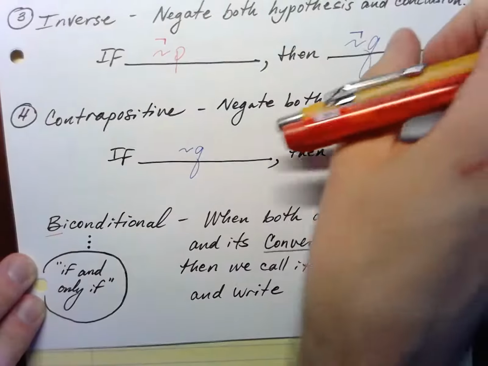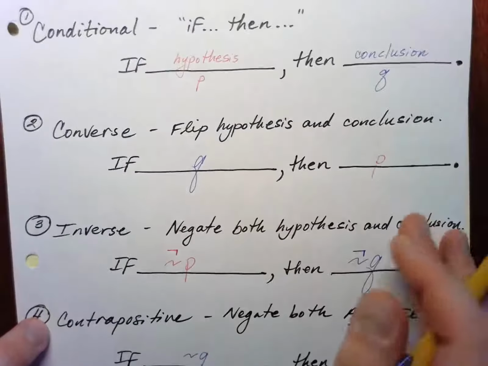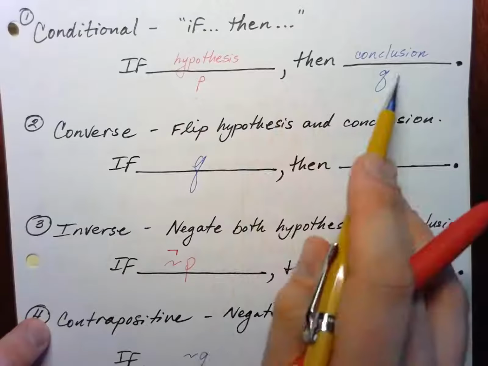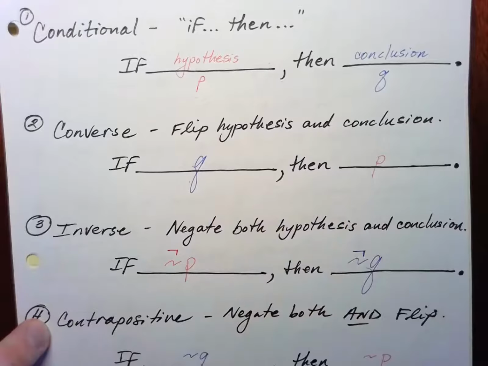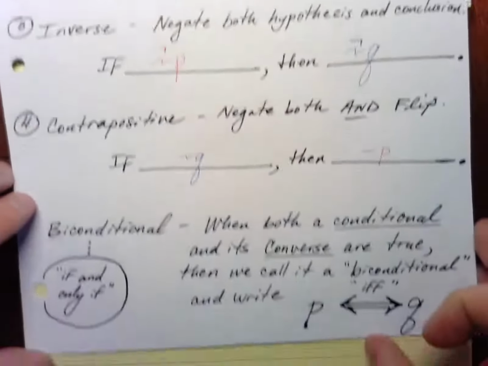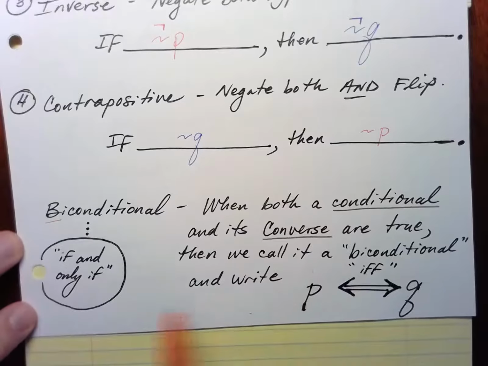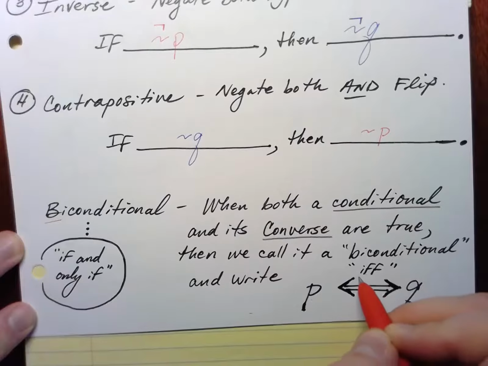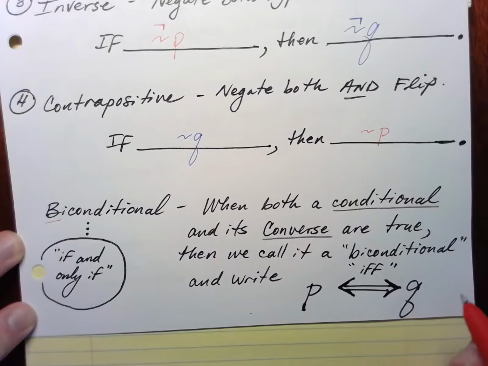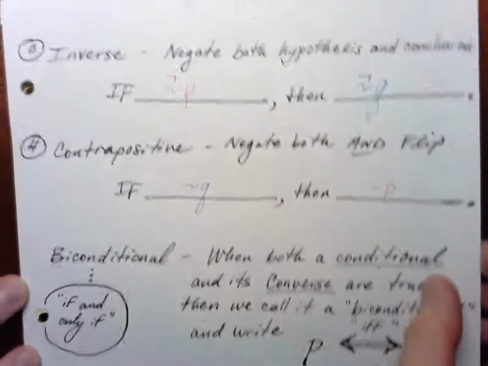Okay, so if the conditional P then Q and the converse Q then P, if those are both true, then that statement is called a biconditional, and you can say that it's if and only if, and you write P with a double-headed arrow like this and then Q. And the abbreviation in math is IFF. Okay, so it looks like a typo, but it's actually not.